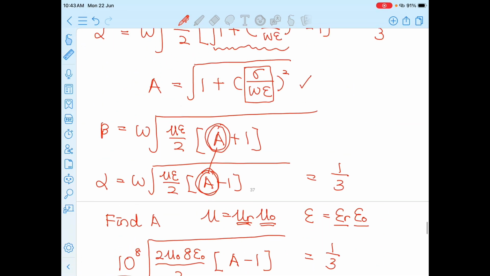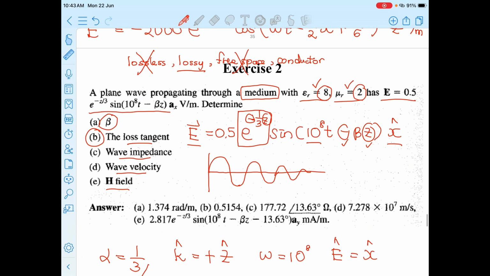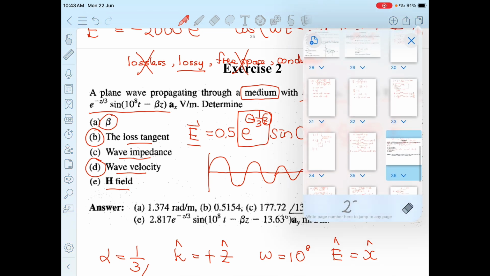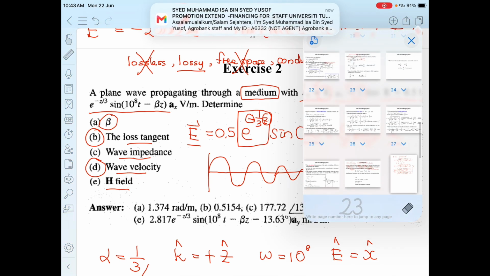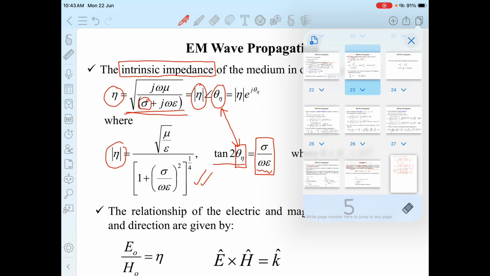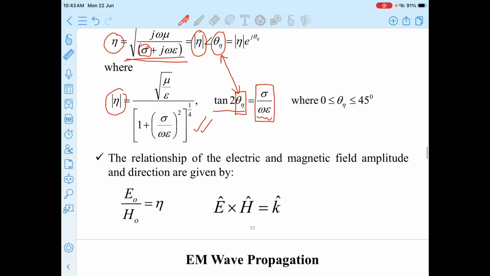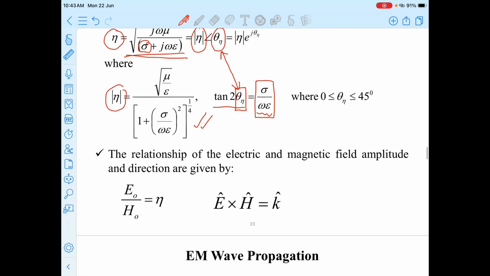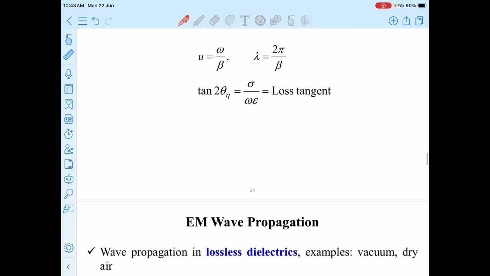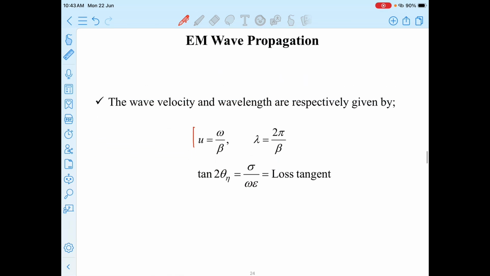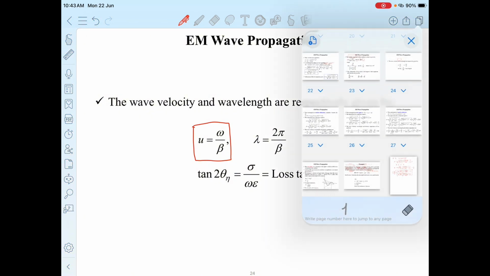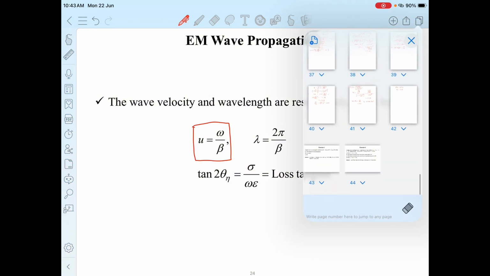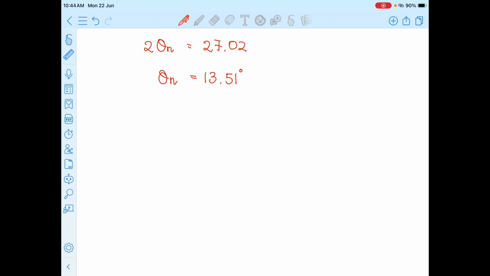Next, we look at the question on wave velocity. Where do we see this wave velocity? Over here. So this is the wave velocity. We are going to calculate using this formula.